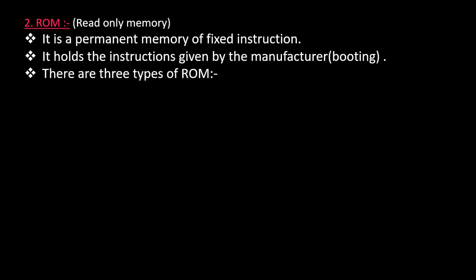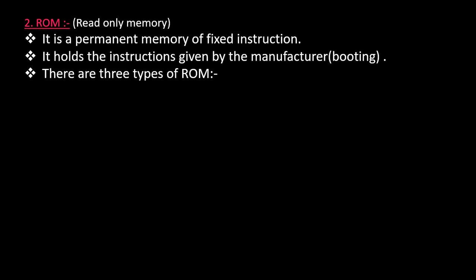No. Why? Because these instructions are saved in ROM. All the instructions required for booting the computer are stored in ROM only. It means the predefined default commands needed by the computer are stored only in ROM.